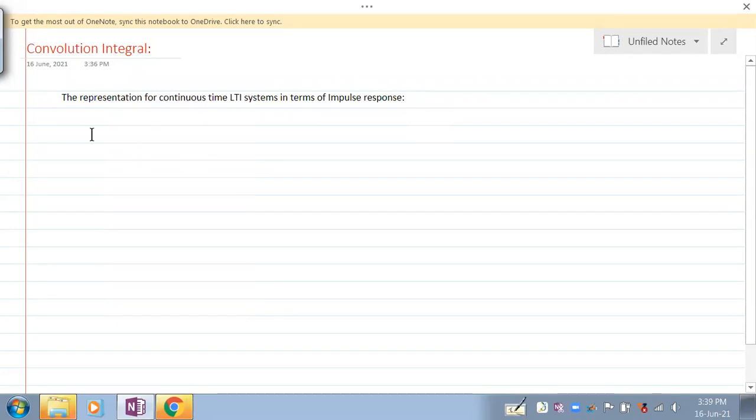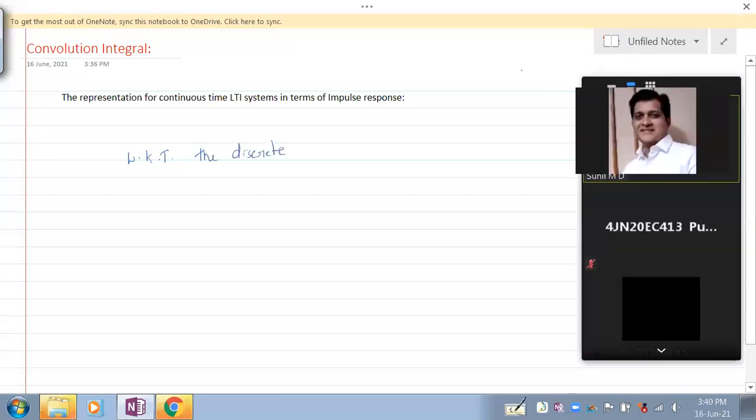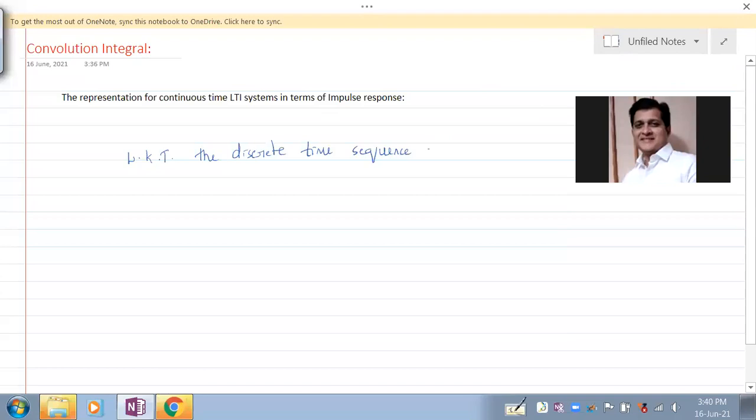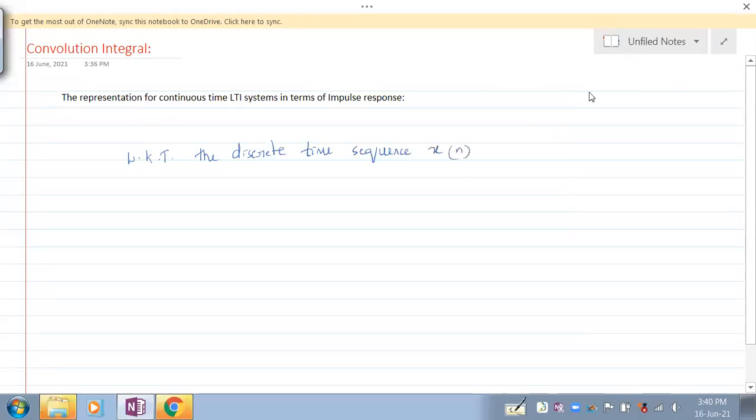Okay, so how shall we move here? Now we know that the discrete time sequence x of n is given by x of n equal to summation k ranging from minus infinity to infinity x of k delta of n minus k.